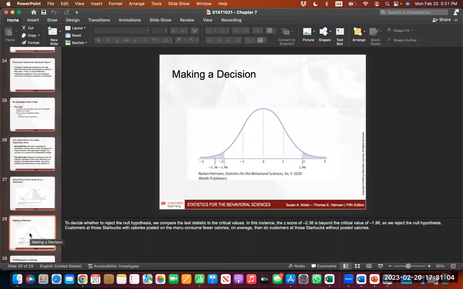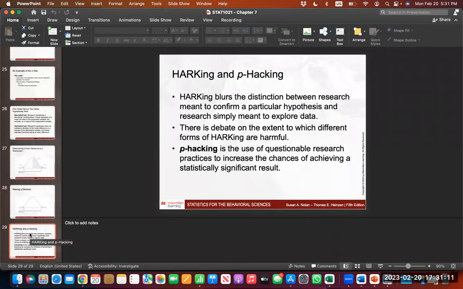You make a decision if your critical value is exceeded by your calculated test statistic. The problem nowadays is that with an increase of the use of advanced statistical methods, advanced statistical software, you can test a lot of things very, very simply.